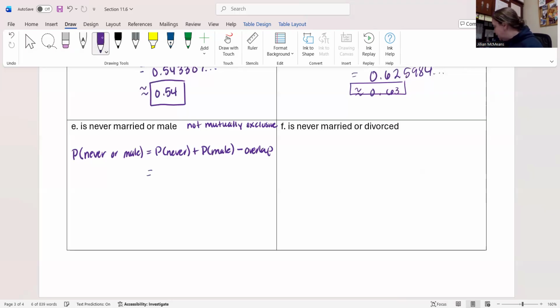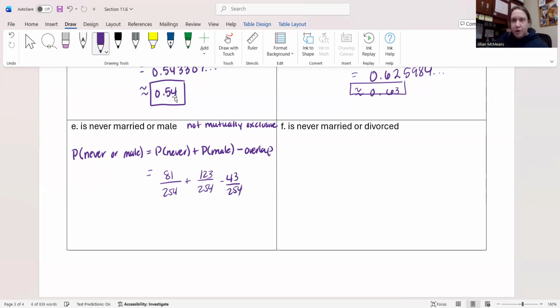We get, let's see, what did I have? 81 million are never married out of 254. 123 million out of 254 are male, but there are some males that have never married, so they're being counted in both pools. We can't be counted in both pools. You got to remove the overlap, and the overlap was 43 million.